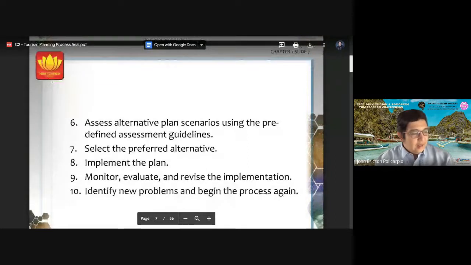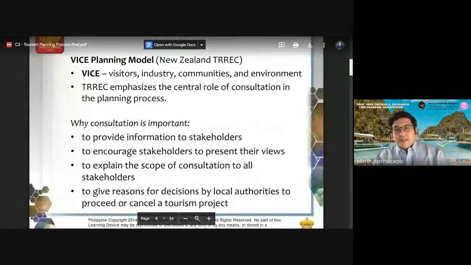Okay. Well, another planning model that we can also use is the VICE planning model. VICE stands for Visitors, Industry, Communities, and Environment. So this basically focuses on the central role of the VICE model, which is the consultation of the stakeholders. Okay? So basically, we consult our stakeholders in terms of our plans.